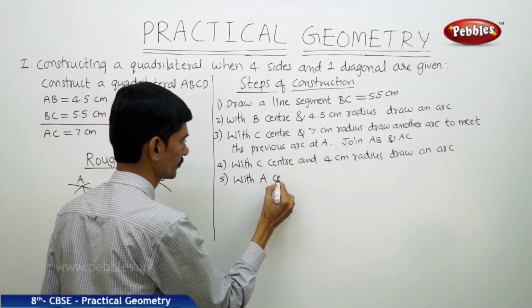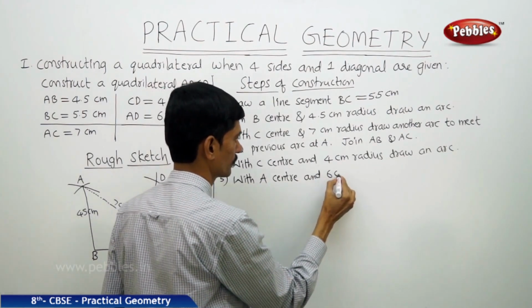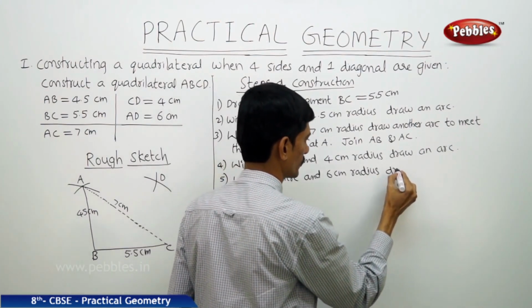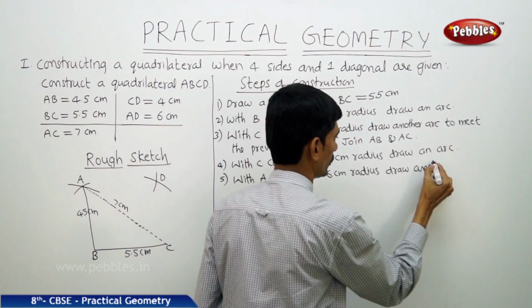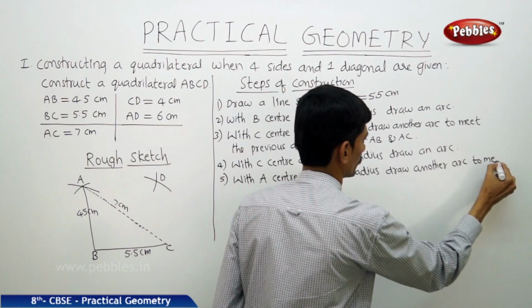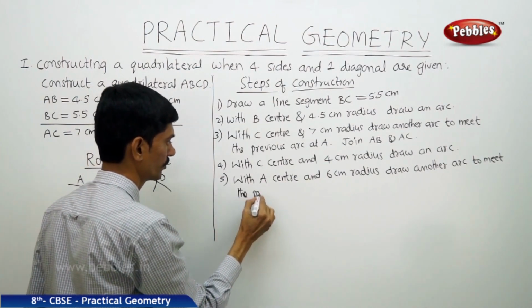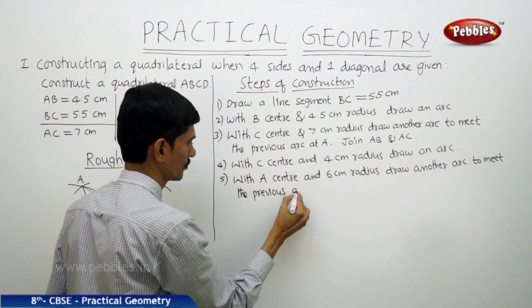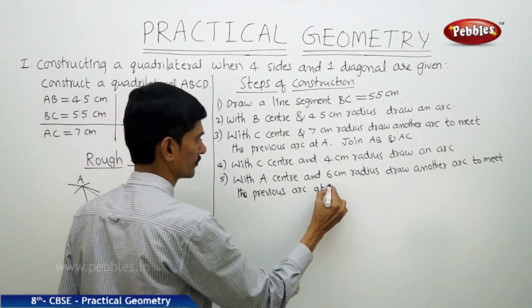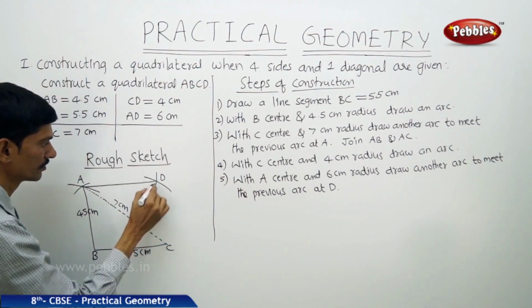With A as center and 6 centimeters radius, draw another arc to meet the previous arc at D. Now immediately join AD and CD.